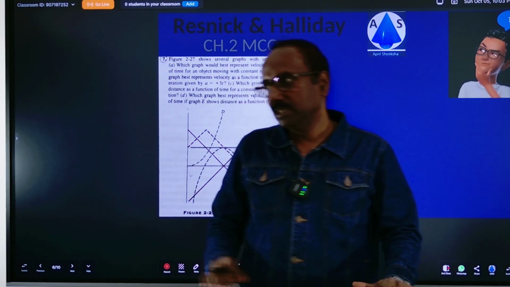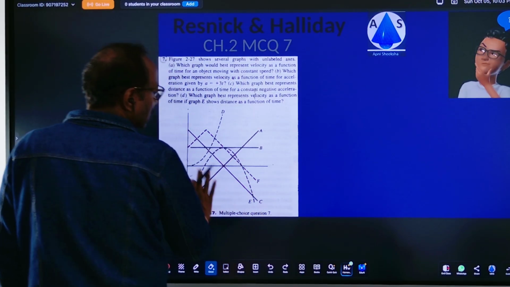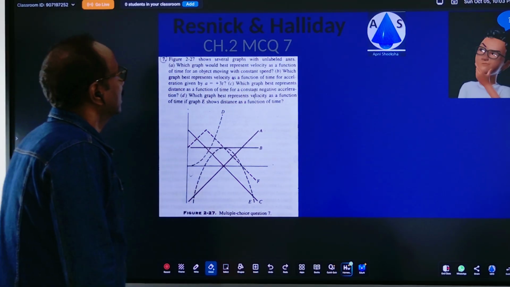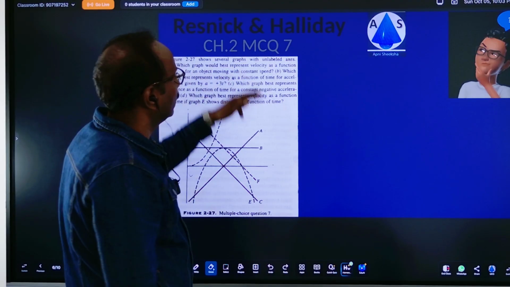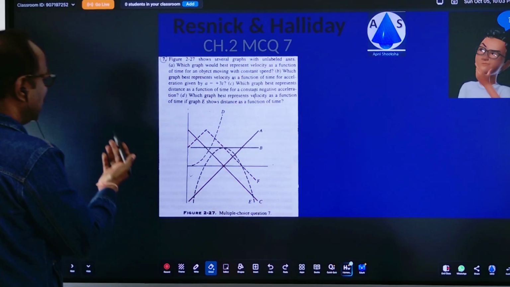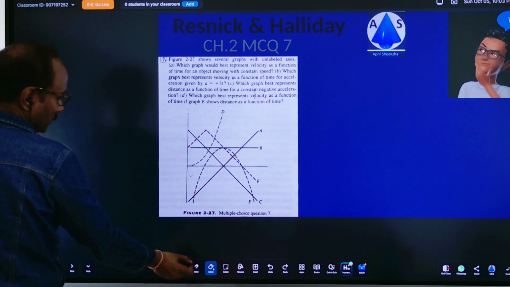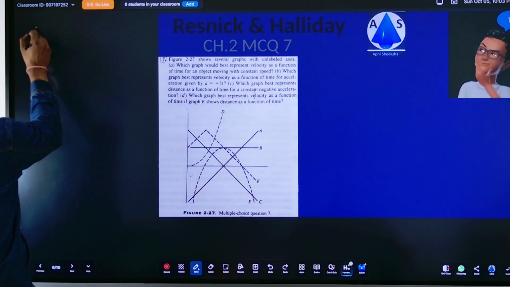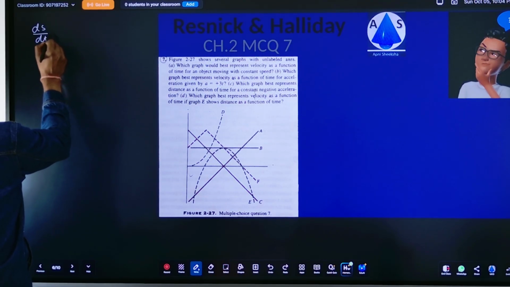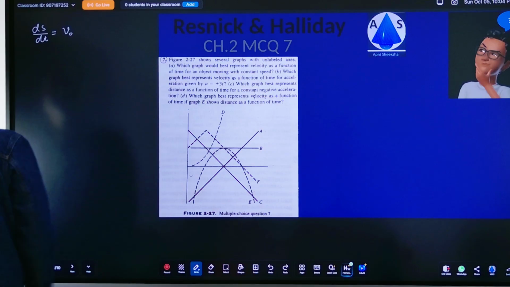So out of these graphs, we are to select those graphs which represent that the object is moving with constant speed. So constant speed means ds by dt is constant, let us say that is v naught.